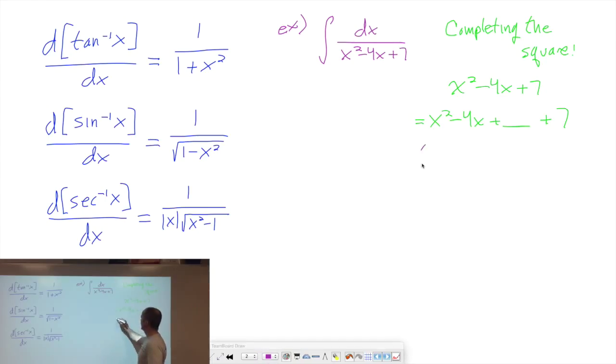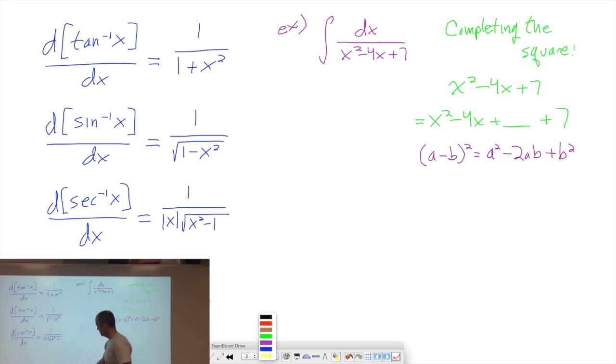Since we have a negative sign here, it means we're looking to follow the pattern a minus b squared equals a squared minus 2ab plus b squared. In other words, can we create a trinomial that looks like a squared minus 2ab plus b squared? Because if we can, we can rewrite it as a minus b squared.